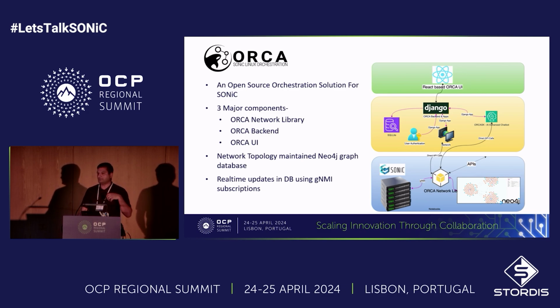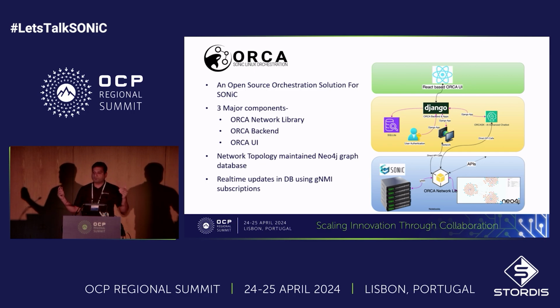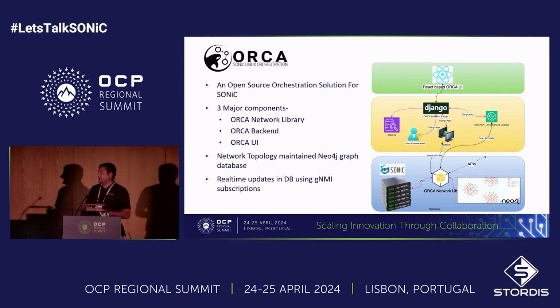It not only makes the operations on the devices, it maintains a graph database as well, that is Neo4j. So you always have real-time information in graphical format, and in the graph database you can always have a topology-like view of your whole network. And how we are achieving these real-time updates into the database is again via gNMI subscriptions.